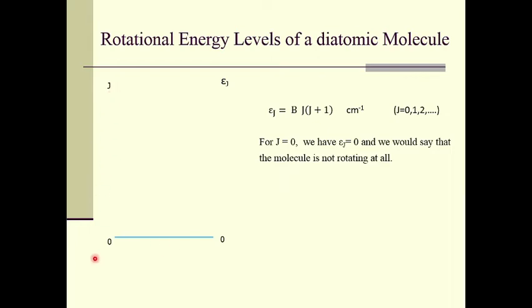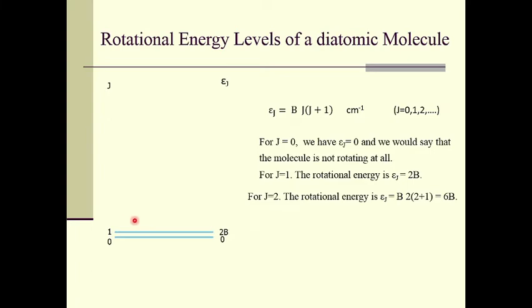For J is equal to 1, the rotational energy is epsilon j equal to 2B, and the corresponding energy we can show here like this.